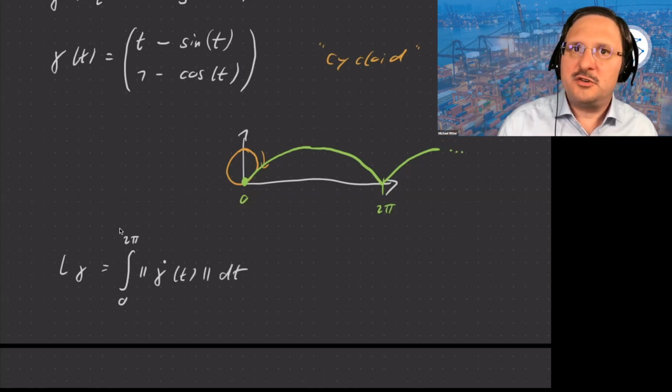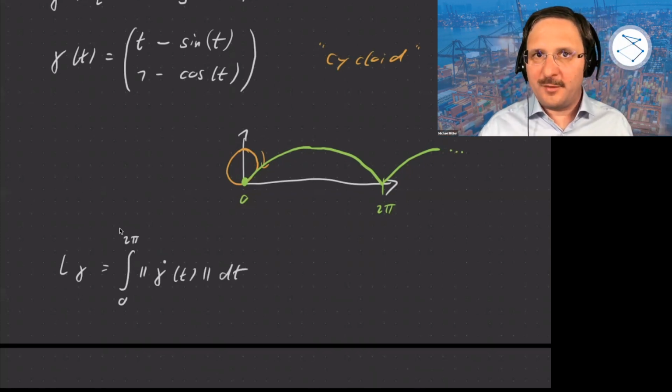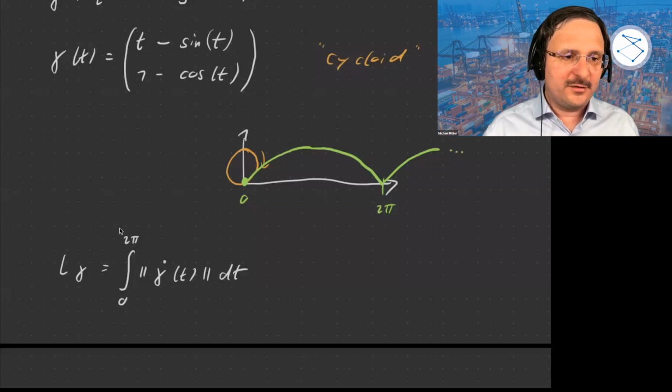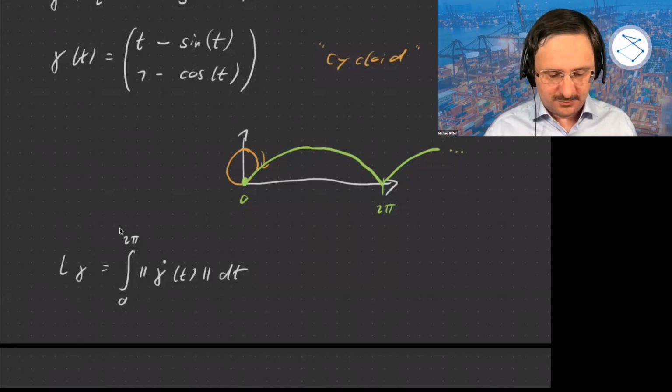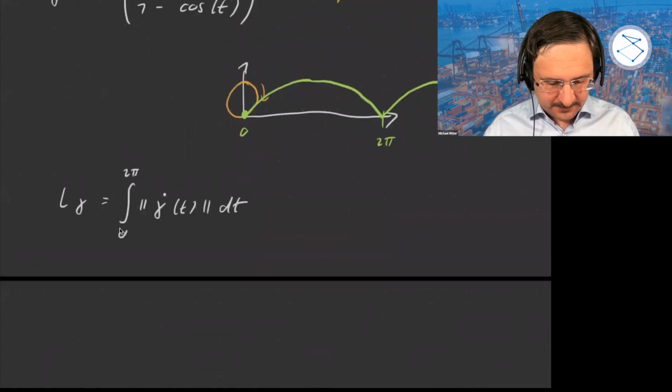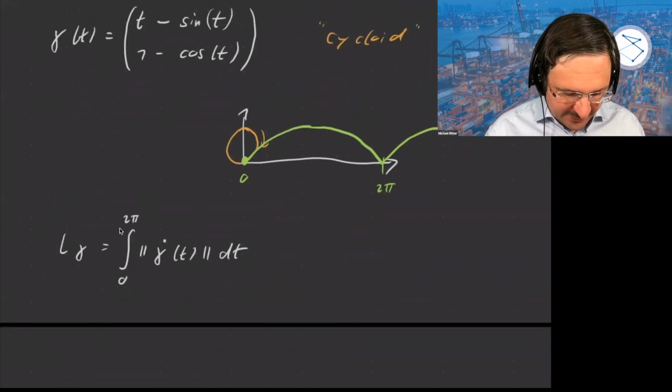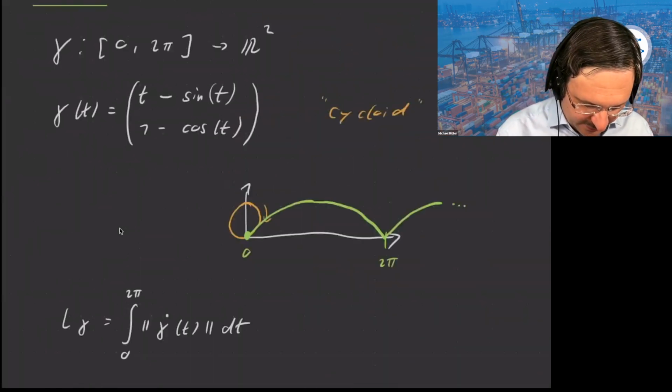So that's what we need to compute, right? We need the derivative of gamma, we need the norm of that, and then we need to compute that integral. All right, let's start with the derivative.